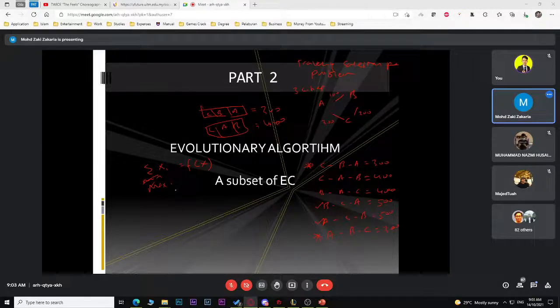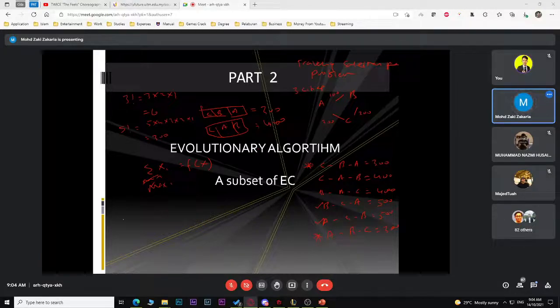Then you imagine for 3 cities, how about 5 cities? For 3 cities, it means 3 factorial. 3 factorial means 3 multiply 2 multiply 1 equal to 6. Look, 6 different roads. For 5 cities, it means 5 factorial. 5 factorial is 5 multiply 4 multiply 3 multiply 2 multiply 1, equal to 120, so 120 solutions, or what we call chromosomes, that we should consider.